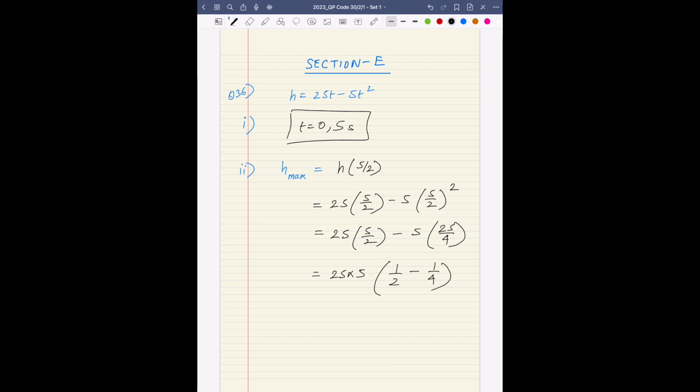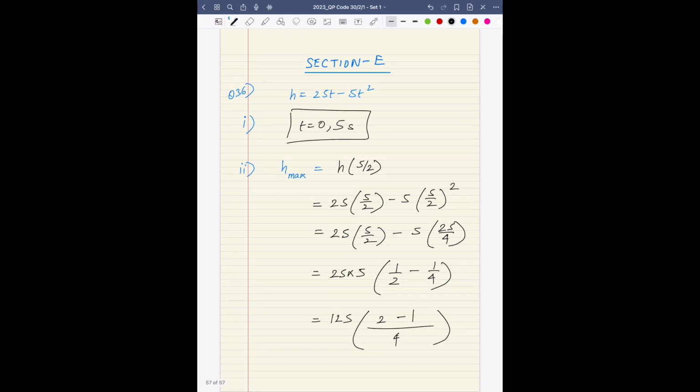Why am I doing this? To ease out my calculation, right? Generally, people will take LCM as 4, then 125 into 2 and then 125. Instead of that, write 125 outside the bracket, half minus 1 by 4, take LCM 4, 2 minus 1, or 125 into 1 by 4, or in short the answer is 125 upon 4, which is nothing but 31.25 meters.